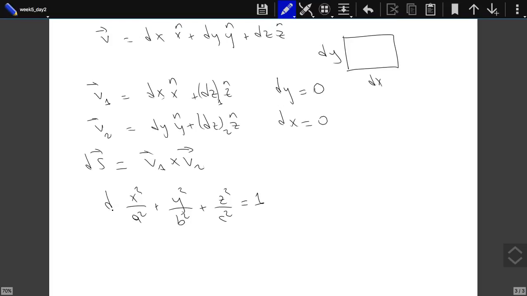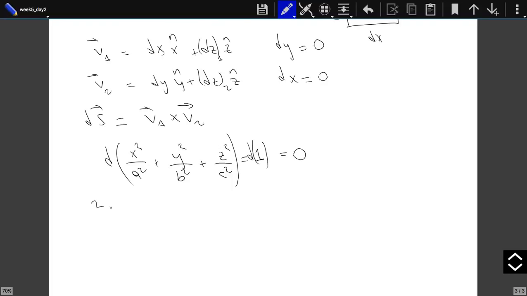So the change in this, if I consider two very nearby points, will be equal to the change in 1. 1 doesn't change on my surface. I'm considering two points on my surface, so this change should be 0 for any two nearby points on my surface.